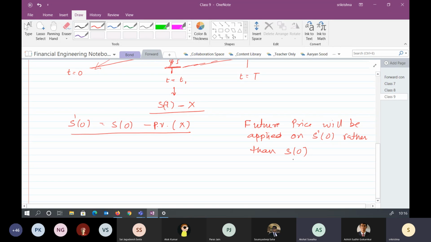Sir, S dash 0 is the spot price at T equal to T1 or at T equal to 0? No, at T equal to 0, the spot price is S0. But because the dividend has been given, we have discounted that dividend to calculate what should have been the actual spot price.